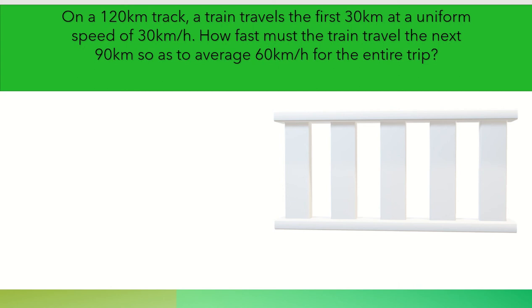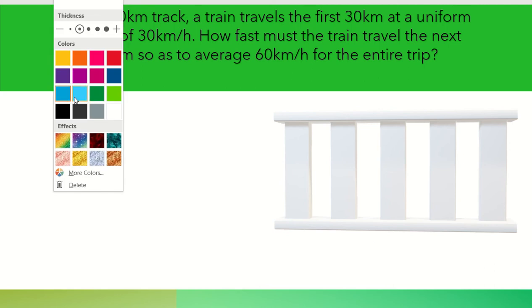Okay, now on a 120 kilometer track, a train travels the first 30 kilometer at a uniform speed of 30 kilometer per hour. How fast must the train travel the next 90 kilometers so as to average 60 kilometer per hour for the entire trip? On a 120 kilometer track, right?